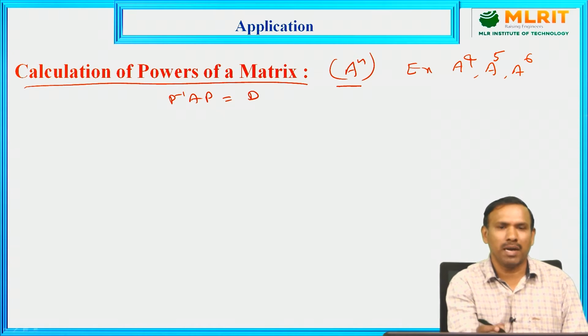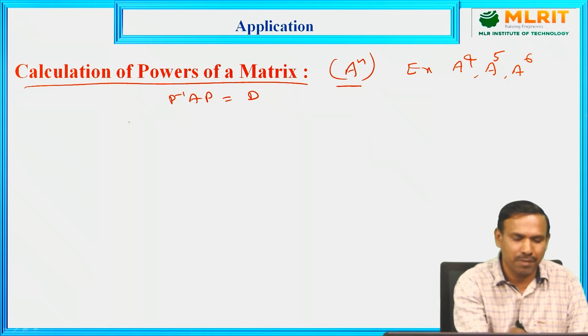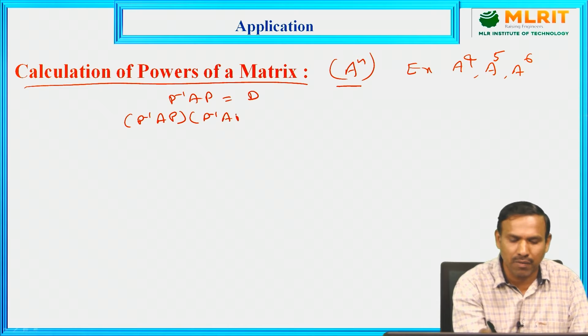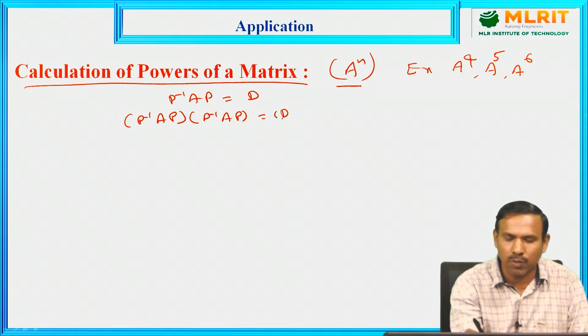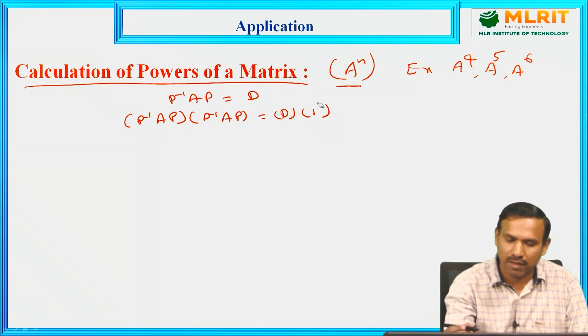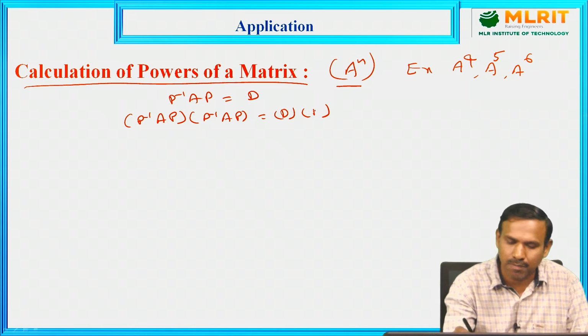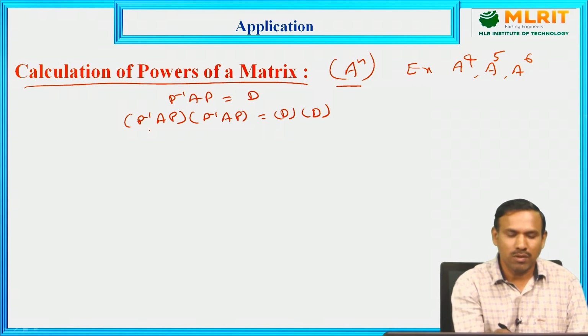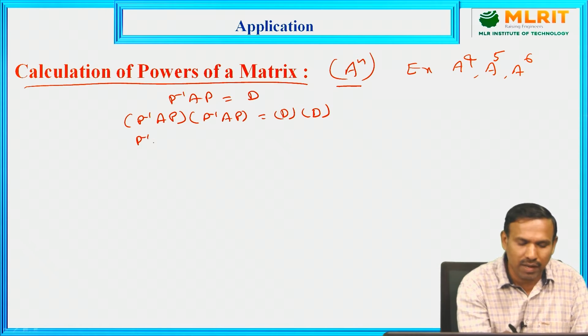Now again I am multiplying P inverse AP into P inverse AP. I am going to derive the formula for calculation of the powers. P inverse AP into P inverse AP is equal to D into D. Since matrix multiplication is associative, we can write P inverse A into P inverse.